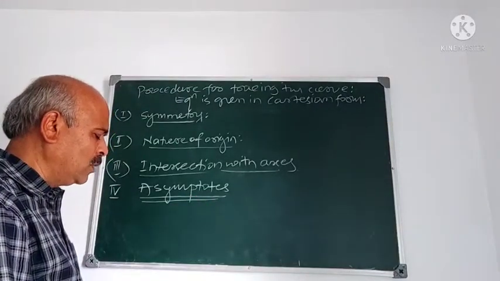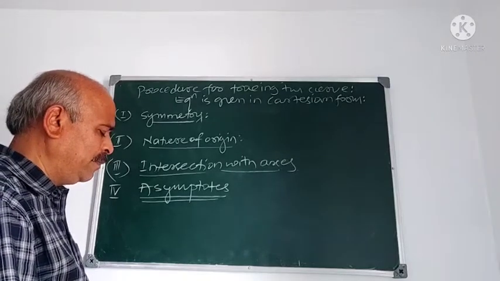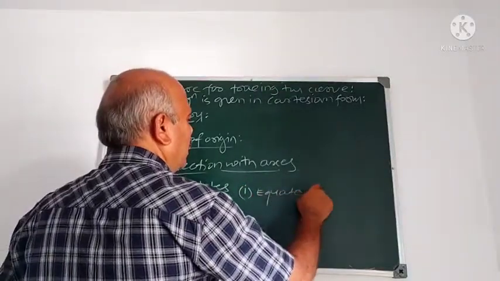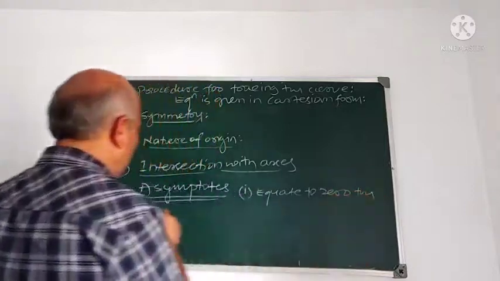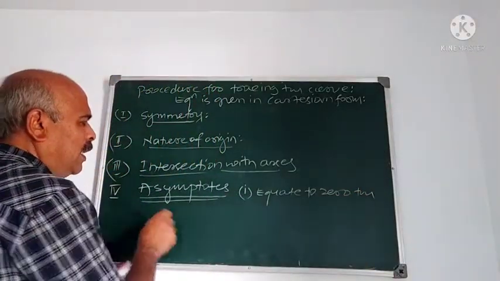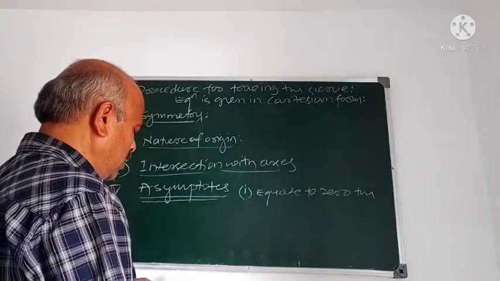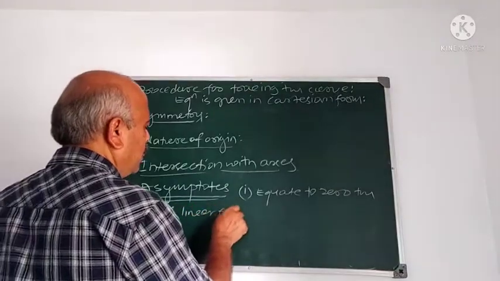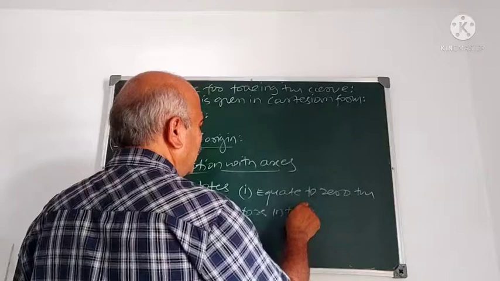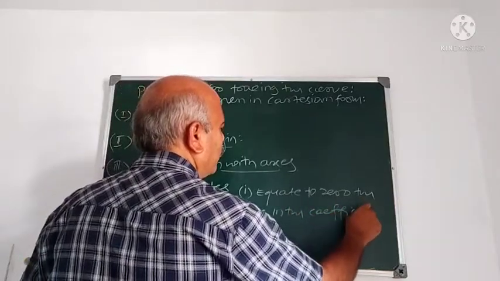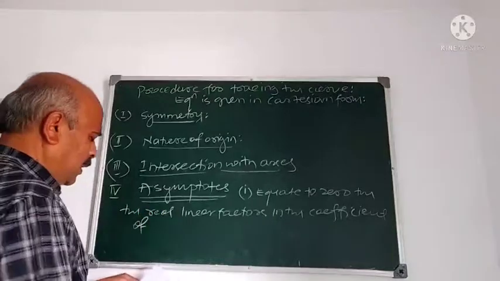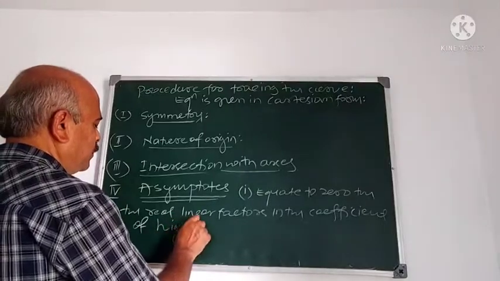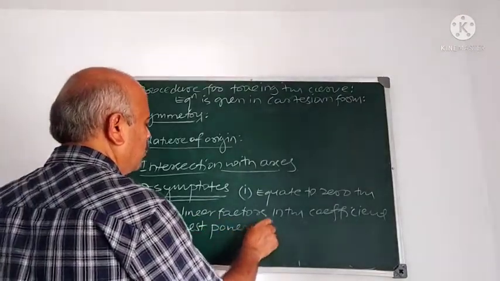To find asymptotes parallel to the x-axis, you have to equate to 0 the real linear factors in the coefficient of the highest degree term in x, the coefficient of the highest power of x.